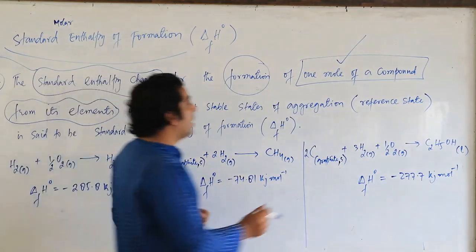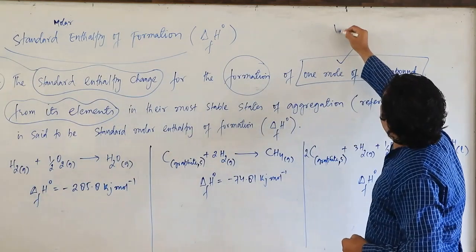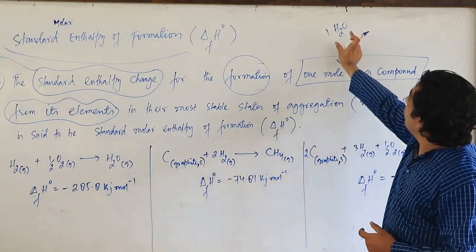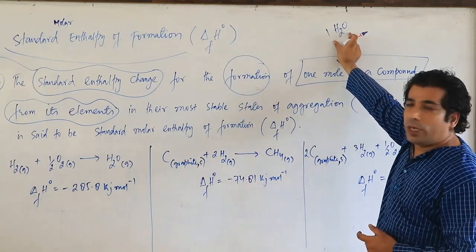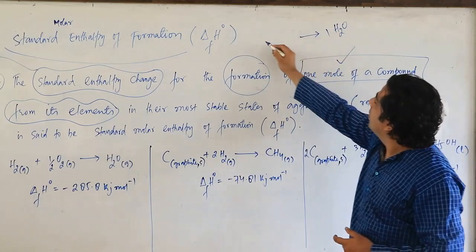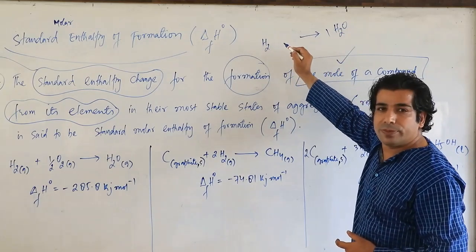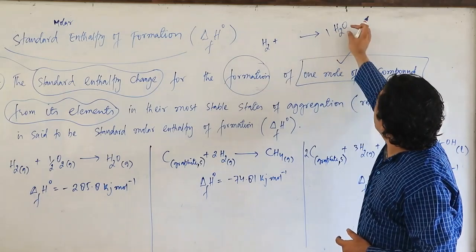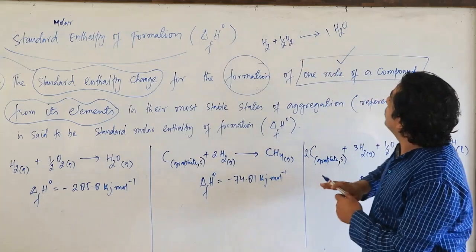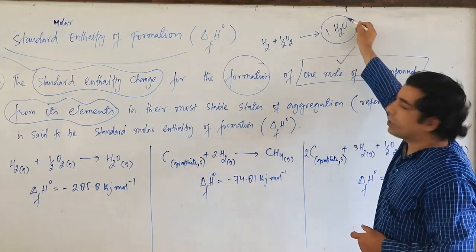Have a look here. Let us suppose I have H2O. How many moles are there? 1 mole. I want to make 1 mole of H2O, and I should make it from its elements. Who is the element here? I should make it from H2 and I should also make it from O. O can be written as half of O2. So I made 1 mole of water, my dear friends.